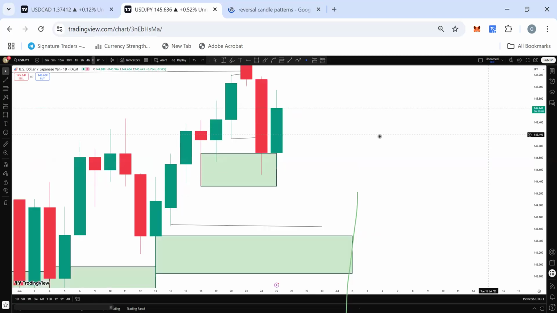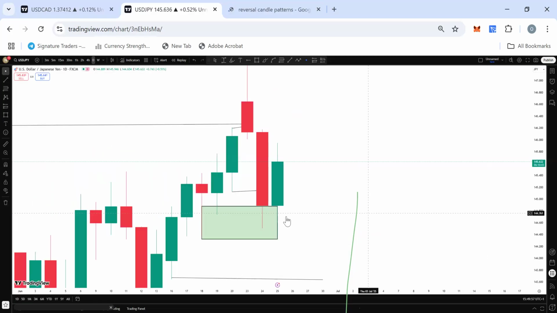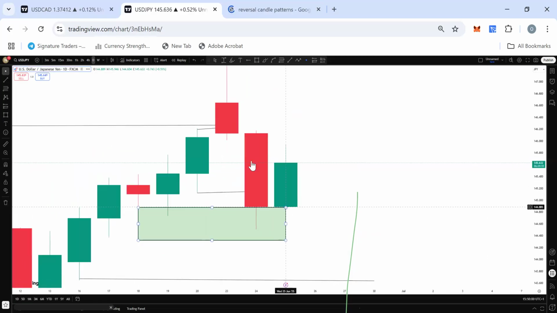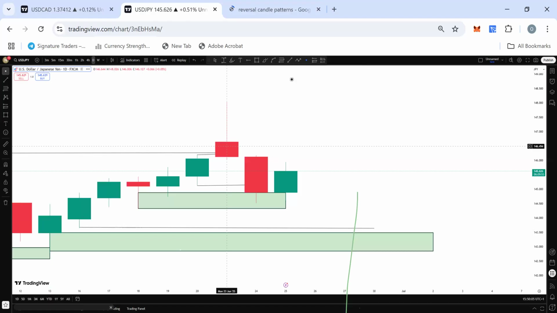Now getting to today, which is Wednesday. If you check the Tuesday candle, you see that Tuesday candle closed with the body, meaning that we have more of what? More of sell for the new day.